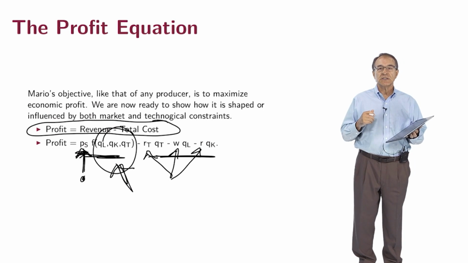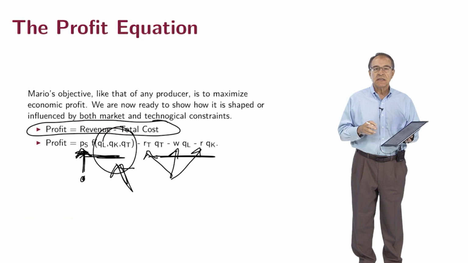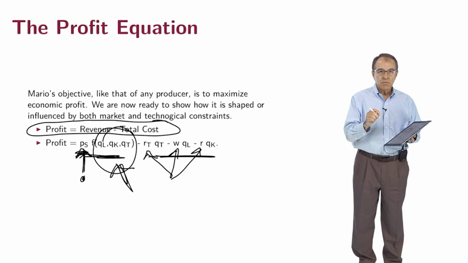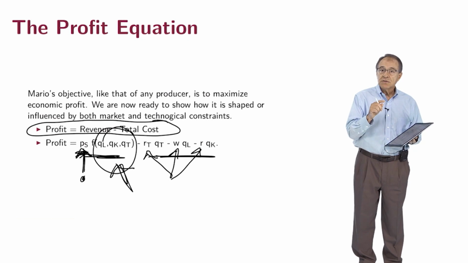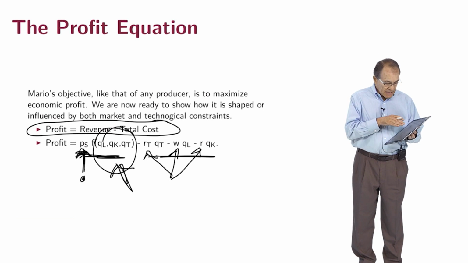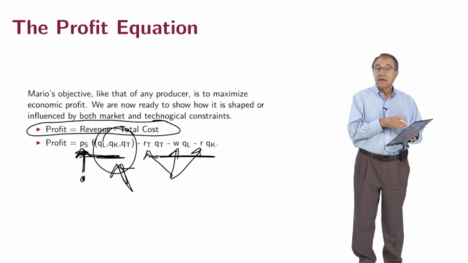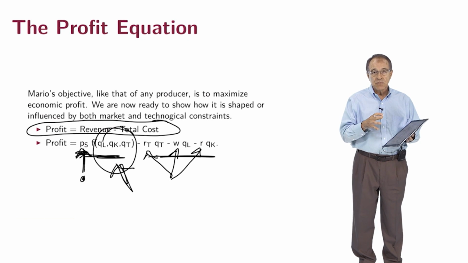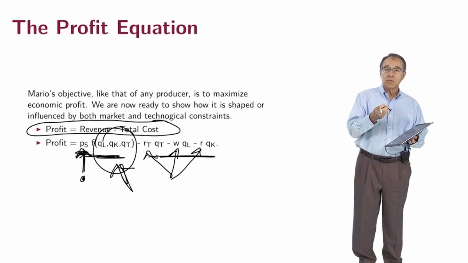Magically he gets production. But the reality is that he's constrained by the existing technology, and in order to produce output, he needs to use inputs. And he must use them in particular ways. That's what the production function tells us. Remember, that's the recipe for how to combine the inputs and to produce output.